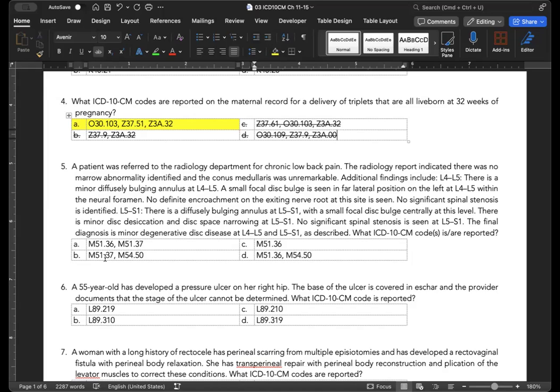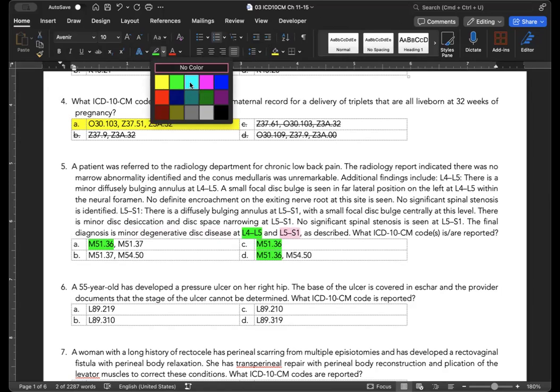So do we need one of those or do we need both? Because we have minor degenerative disc disease at L4, L5. So there's our lumbar region, right? So M51.36 should be what we use for that one. And then the L5S1, that is known as the lumbosacral region. So we should use that one also.